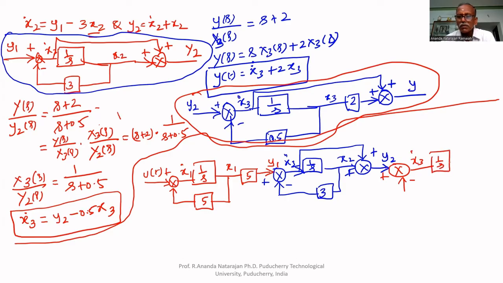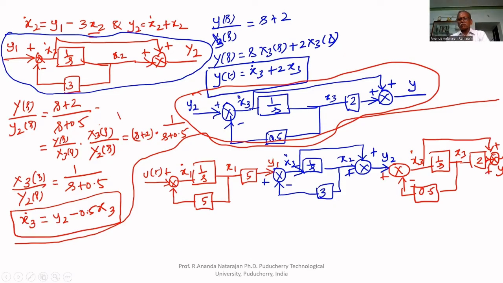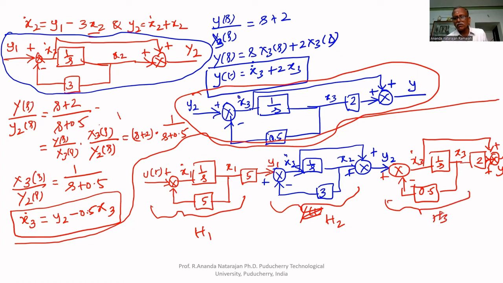You put 1 by s, you will get x3. Here we have to multiply 0.5 times, and 2 times x3, and 1 times x3 dot. If you add, you will get y. This is the realization of h1. This part is the realization of h2. This part is the realization of h3.